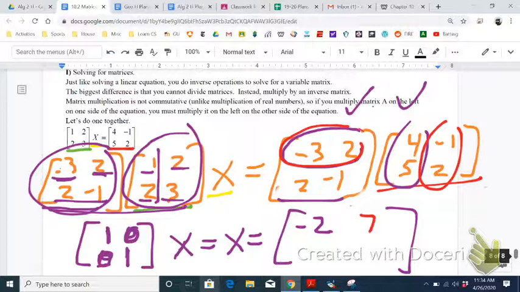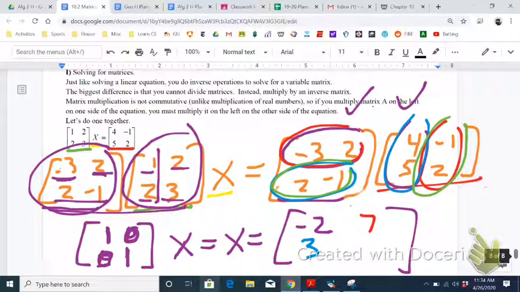Then I'm going to take row 2 times column 1, okay, so that gives me an 8 plus -5, that's a 3. Then I'm going to do row 2 times column 2, so I get 2 times -1 is -2, plus -2, and I get -4.